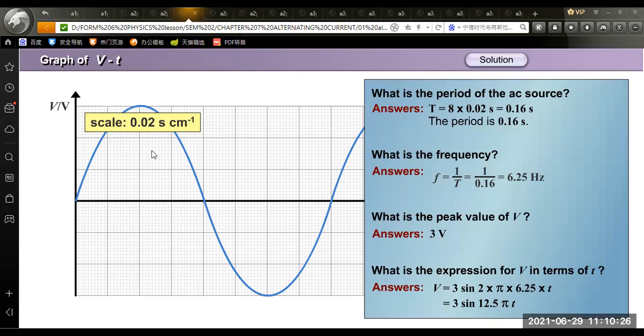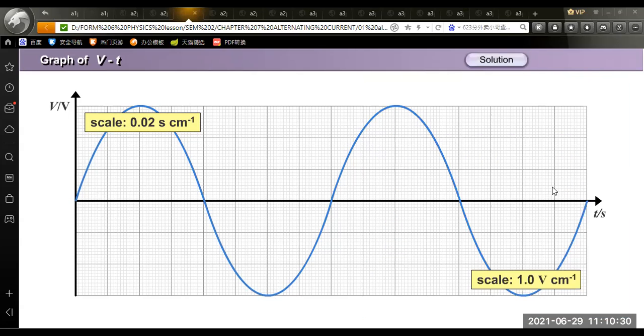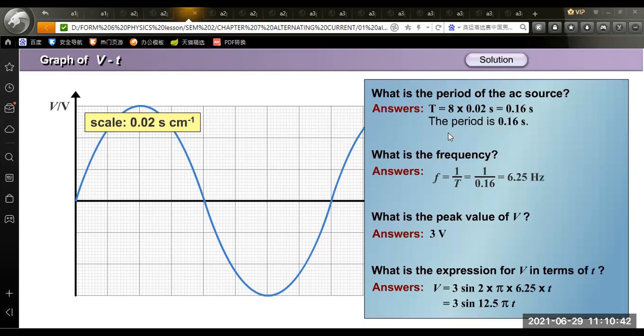The time taken for one complete oscillation uses the scale of 0.02 second per cm, and the voltage scale is 1 volt per cm. So the period of the oscillation is 8 times 0.02, that's 0.16.